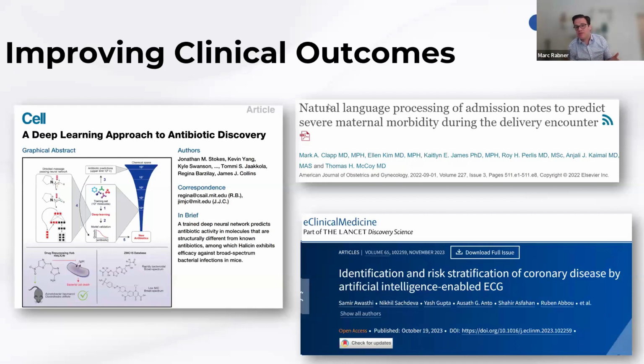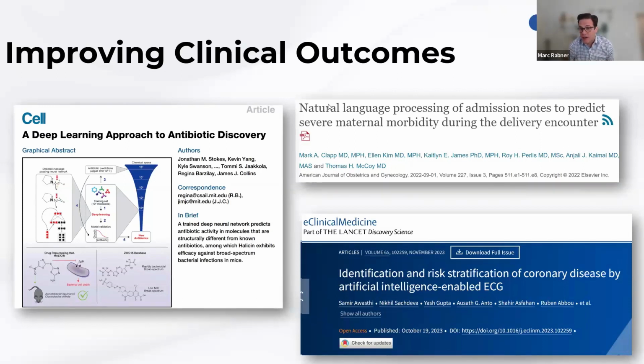But this model was helping predict if a patient would have a heart attack in the next 3 years. And the highest scored individuals had 12 times the risk of having a heart attack than those at the bottom scores. EKGs have never been used to predict heart attack in this way before. And it's easily accessible and cheap to perform.